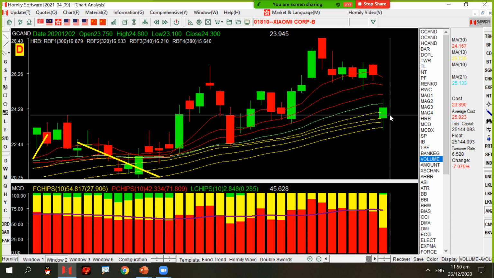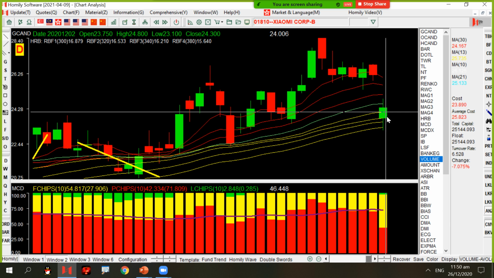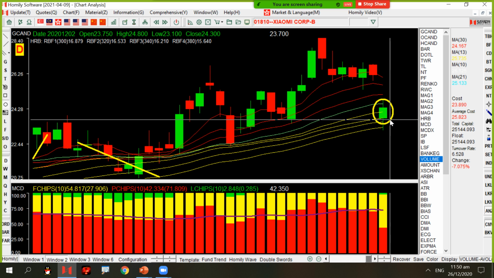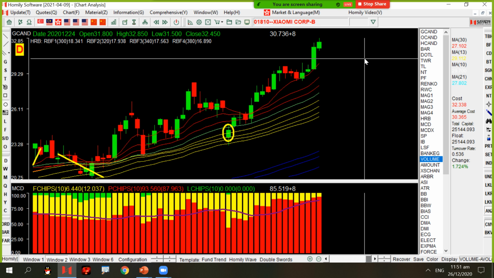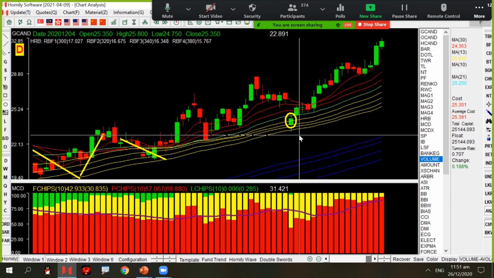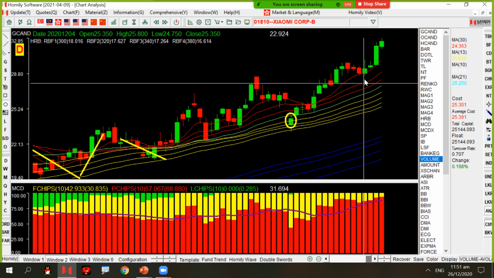Just touch the yellow rainbow and open lower, close higher. Because of bad news, it dropped a lot. It's a good chance to buy. Price only $24. Now, already $32. Up 30% in less than 1 month. You see?